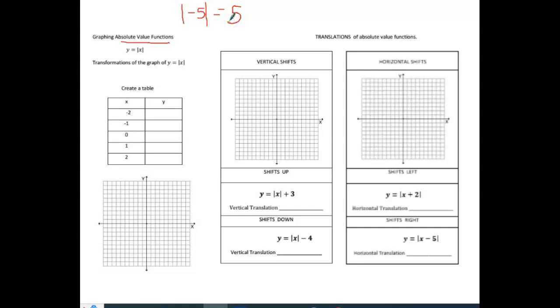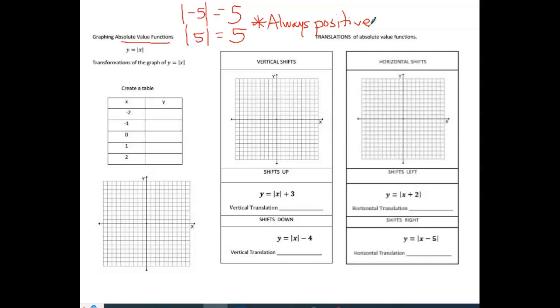If I ask you what the absolute value of 5 is, it's actually the same number. Absolute values are always positive. So anytime you take the absolute value of a number, you're going to give a positive answer.